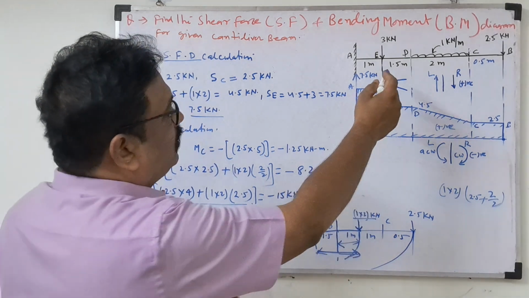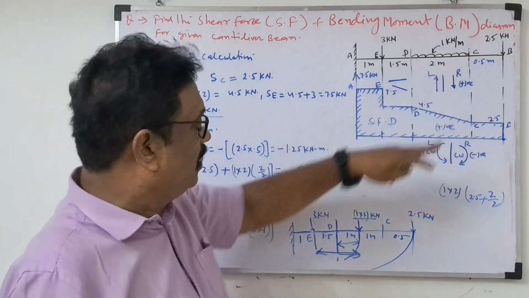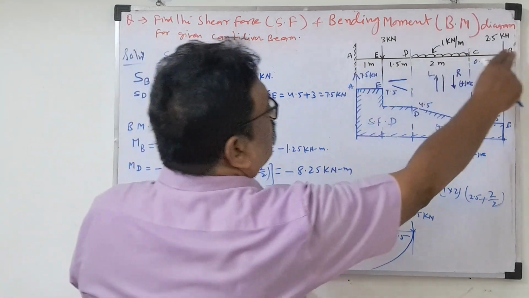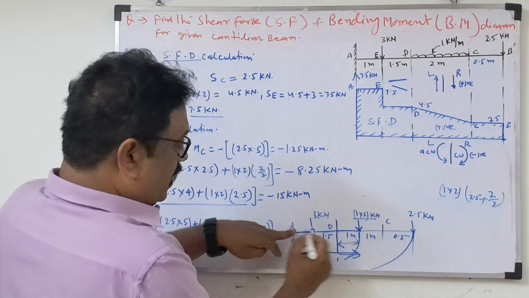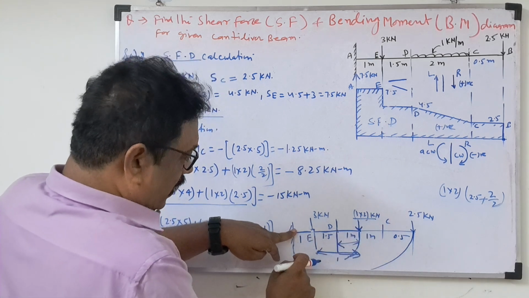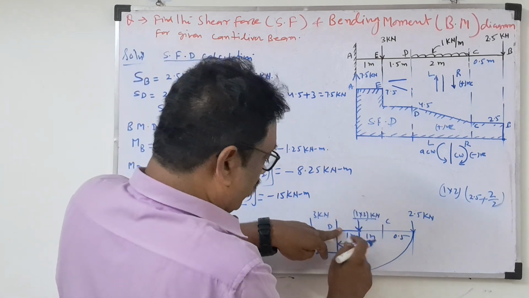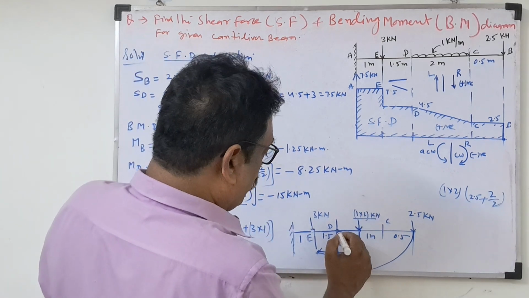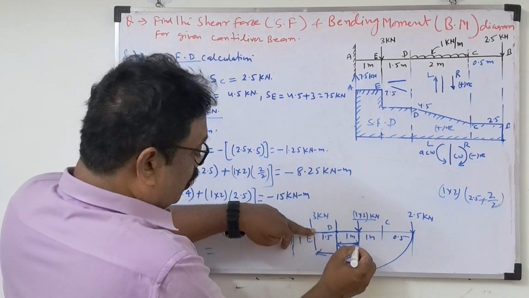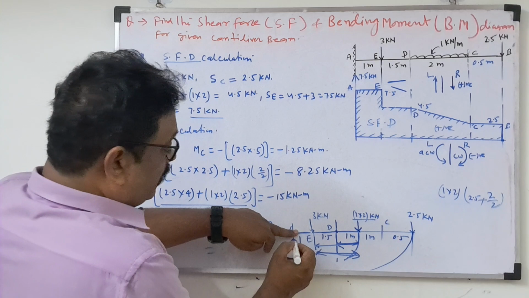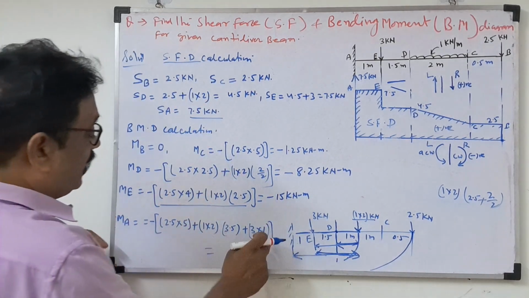Suppose you are not comfortable taking the UDL half distance, draw the load diagram. So this is the UDL. For A, 3.5. Suppose for E taking 2.5. Suppose here taking 1. This is the length. For moment about D, load into 1 meter. Moment about E, load into 2.5 meter. Moment about A, load into 3.5 meter. So this way you can find the moment.